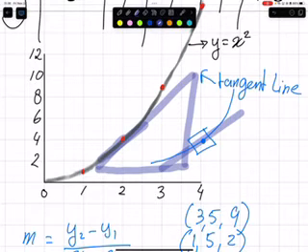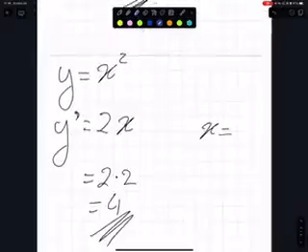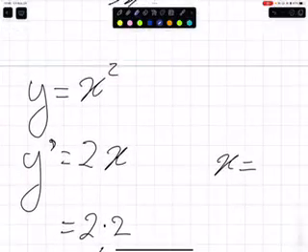This is 7.8 minus 2, which is 6, divided by 2. Your answer is going to be somewhere about 2.3 or 2.4, but as I said, it's not going to be precise. So that's why I let you use this formula.